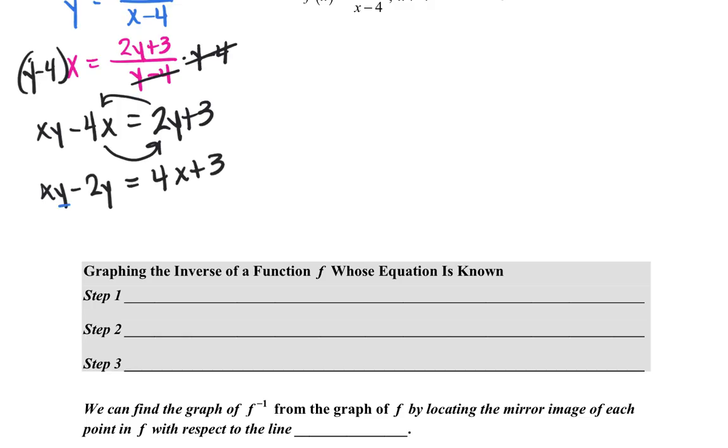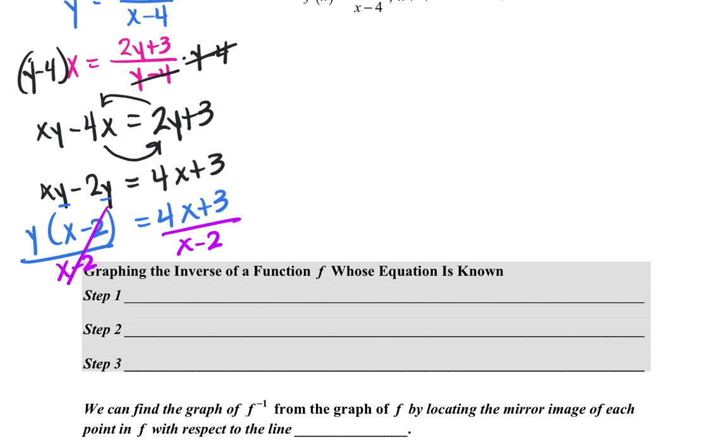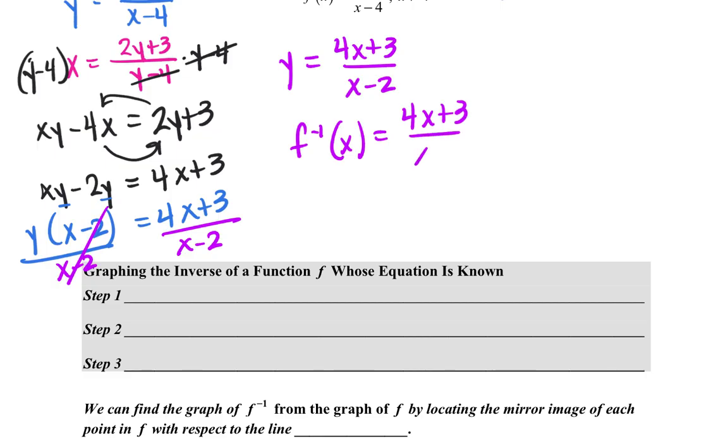Now since both of these have a y, I'm going to factor it out. y times (x minus 2) equals 4x plus 3, and then I'm going to divide by x minus 2. And that cancels out. Now that gives me y equals (4x plus 3) over (x minus 2). So therefore the inverse is (4x plus 3) over (x minus 2), and the stipulation is that x cannot be 2.